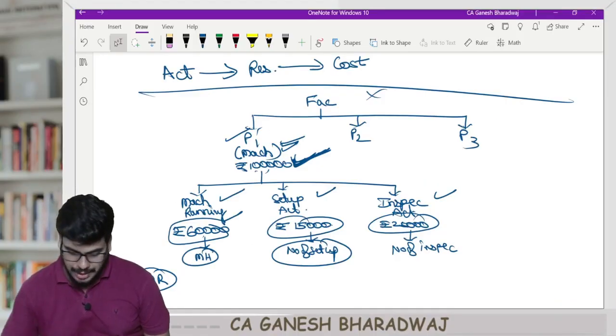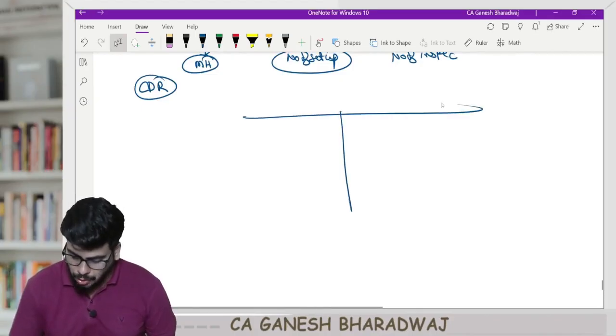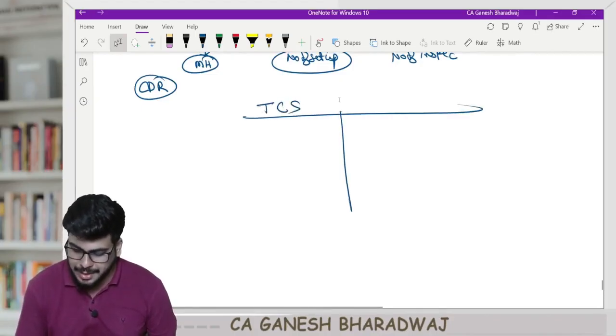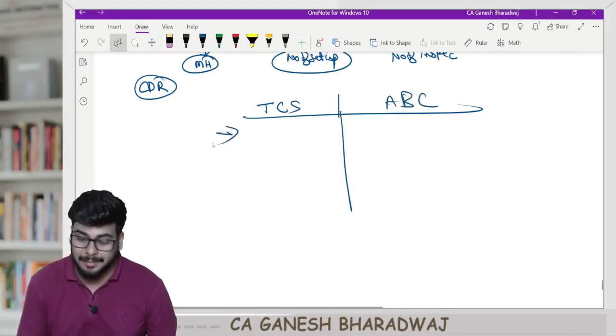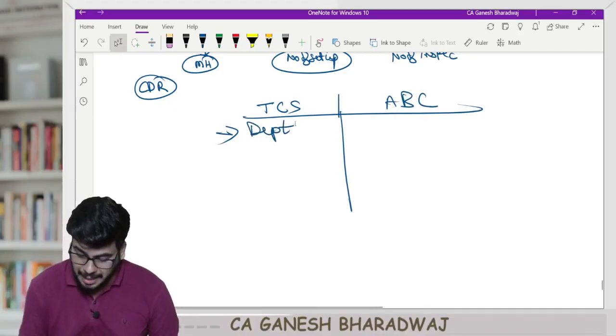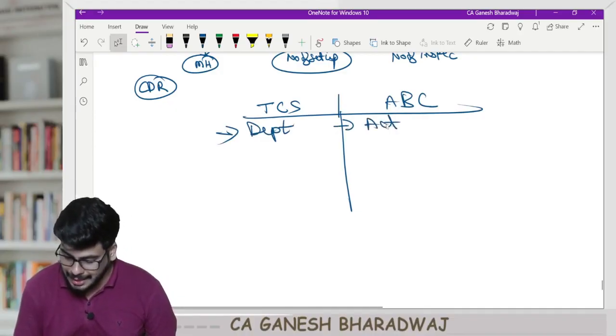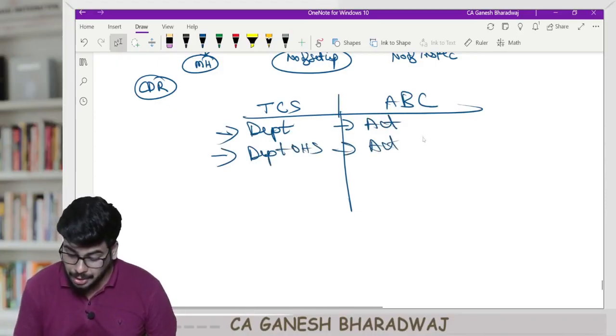Now there are a few lines of difference between your traditional overhead costing system, I'm calling it TCS, traditional costing system, and ABC. Under the traditional costing system, what was called departments, here is called activities. What was called departmental overheads, here is called activity cost pool.